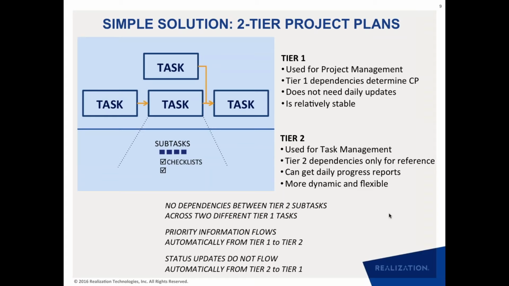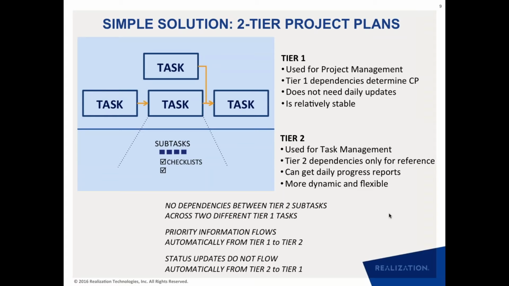What we mean is that a task manager, an IPT lead or a supervisor who is managing the details inside a task can manage all those details using subtasks and checklists. They can even keep track of how long a subtask is taking, or how many subtasks got done on a specific day. But updating the remaining duration for the tier 1 task is something they have to do manually.